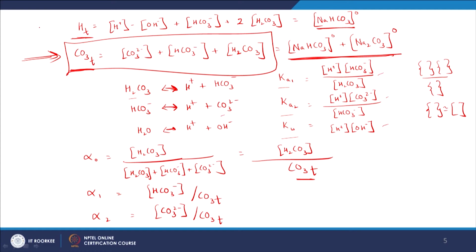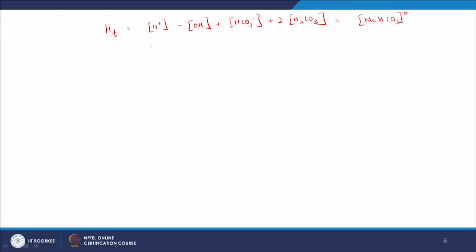So let us try to solve for this particular equation, H total. I will move on to the next slide. H total was equal to the concentration of H plus, minus the concentration of OH minus, plus the concentration of HCO3 minus, plus 2 times the concentration of H2CO3.